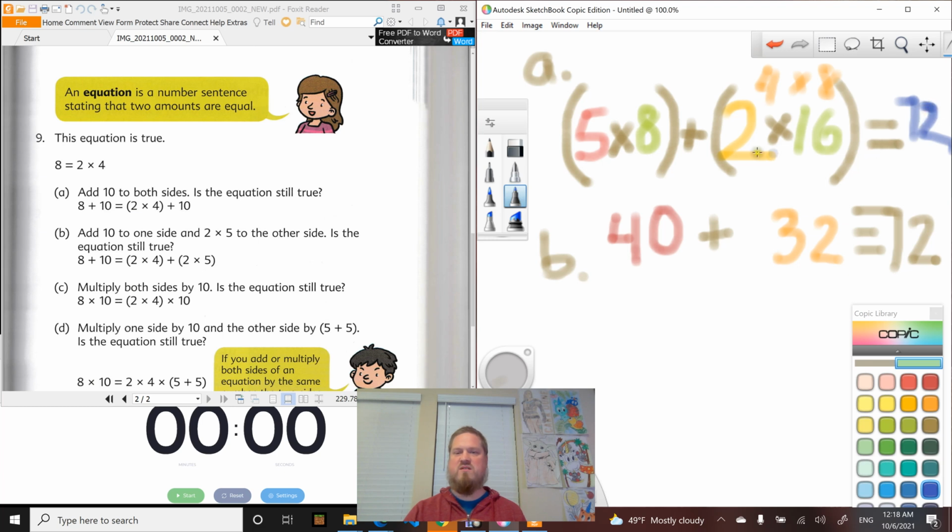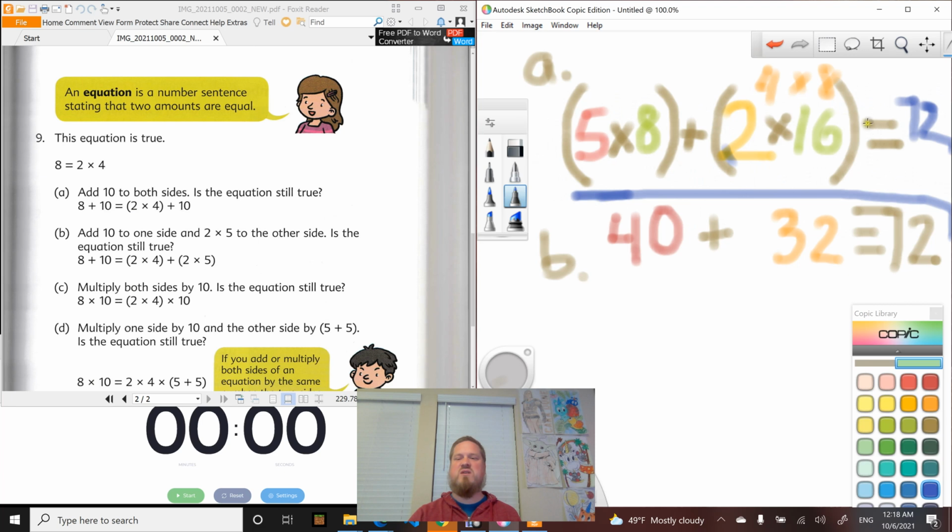That's the final answer. 5 times 8 in parentheses plus 2 times 16 in parentheses is equal to 72. So this is the whole sentence that's saying they're equal. Two amounts. On this side, this amount with expression 1, expression 2 added together. And on this side, just a number, 72. The whole thing is the equation.